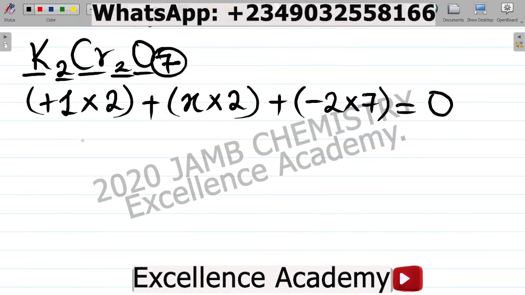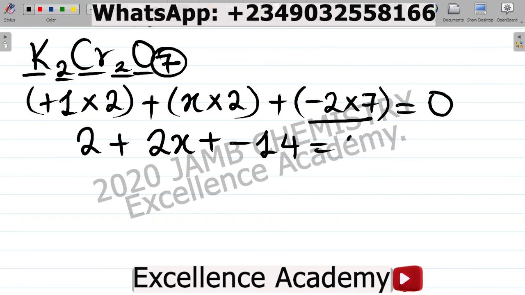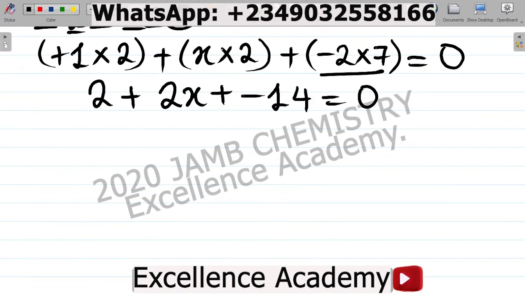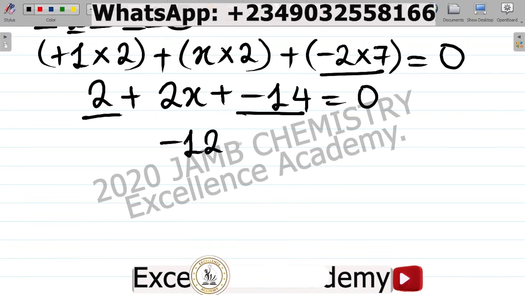From here, 1 times 2 is 2, plus X times 2 is 2X, plus minus 2 times 7 is minus 14. So minus 14 equals 0. Working on this, you have 2 minus 14, which is minus 12.